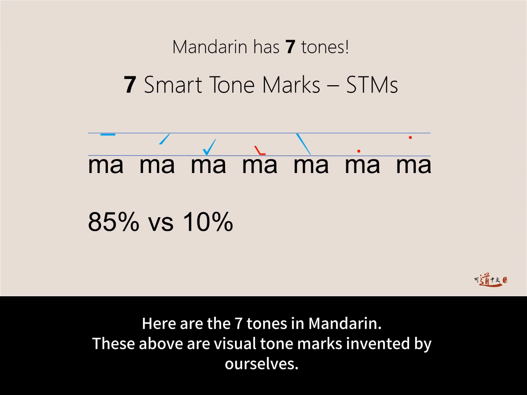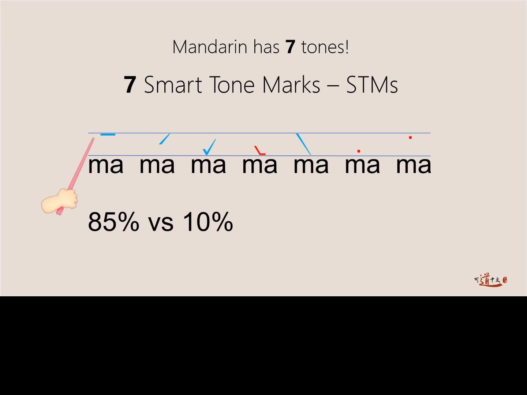These above are visual tone marks invented by ourselves. Ma, ma, ma, ma, ma, ma.